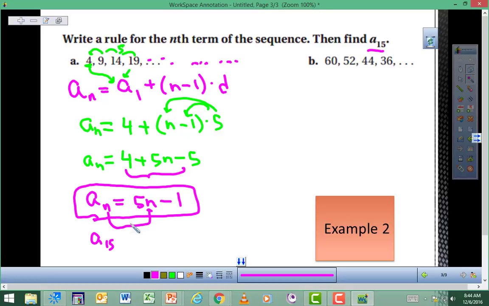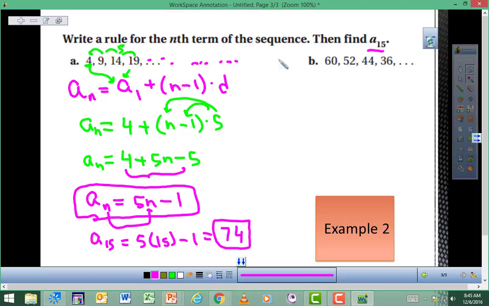Plus another 15 is 45, and then 60. That's 4 15s. And another 15 takes you to 75. Well, then you subtract 1. 74. 5 times 15 minus 1. And now you know the 15th term is 74.